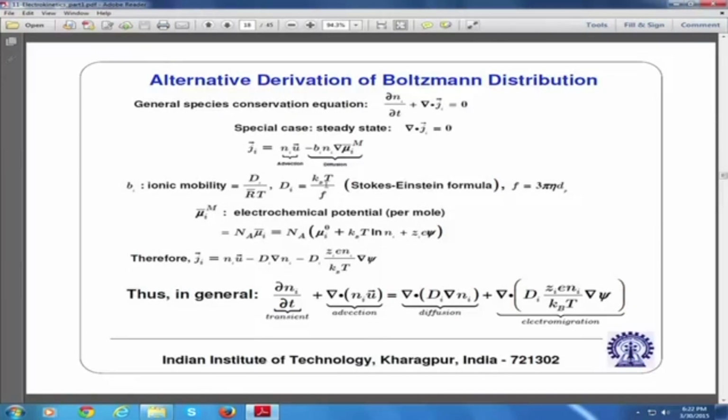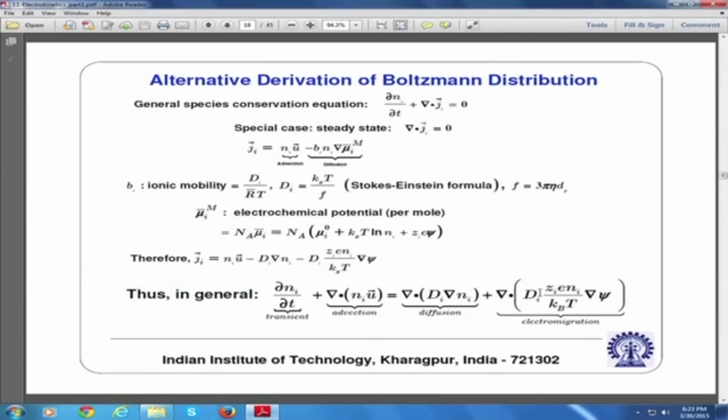Okay. Now you have to keep in mind that you can derive more general expression. See, that is why the derivations are important. If you say that, well, I want to relax the constraint that the solution is an ideal gas, then simply what you do is you replace the mole fraction by activity, then you can write a modified version of the Nernst-Planck equation that no more considers an ideal solution. Okay. So it is possible to generalize.